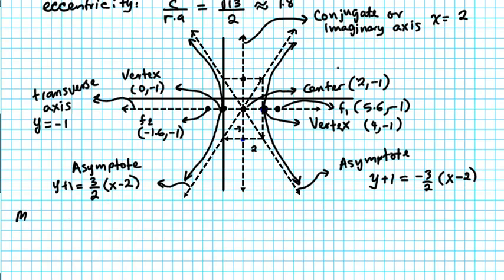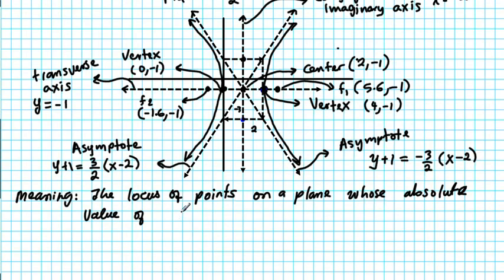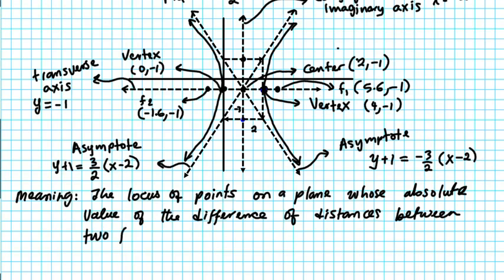Now we're going to state the meaning of what we just did. The meaning. All right, so the locus of points on a plane whose absolute value of the difference of distances between two fixed points.